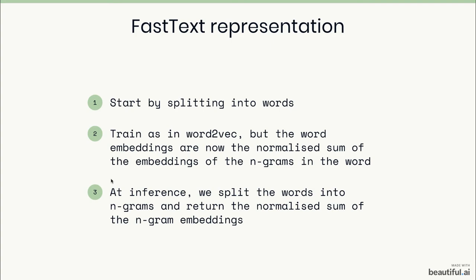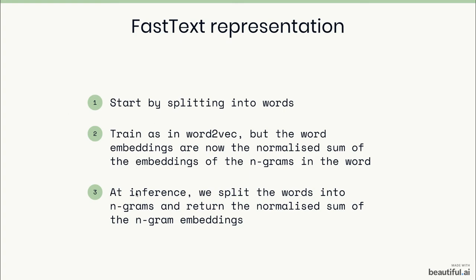When we want to apply this at inference, so say we actually have a document, we have a trained FastText model. What this FastText model is doing is that, again, it's splitting the words in the document into n-grams, and again it returns the normalized sum of the n-gram embeddings, exactly like what's going on in the middle layer during training.